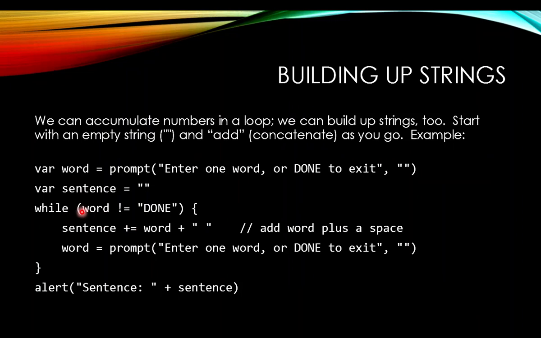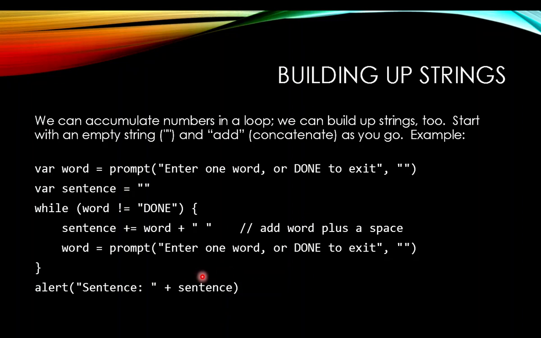So you're saying sentence plus equals whatever word they entered, and then we're also concatenating on a space because you don't want the sentence to run all together without any spaces. So the user enters a series of words and we concatenate them together with a space so that you're going to get a whole sentence out. So the boy ran down the street, right? So each word gets added to the sentence, and then down here the variable sentence contains that built up string.